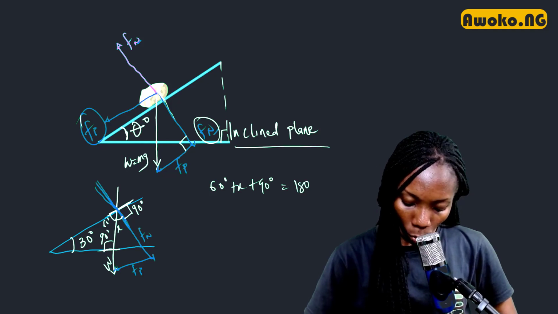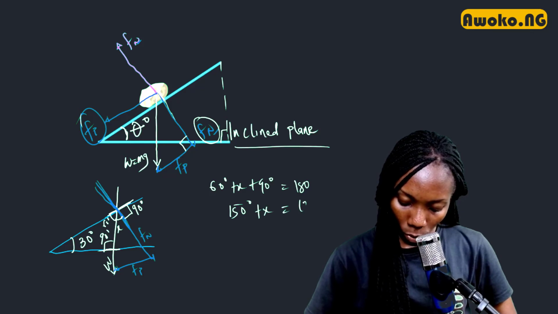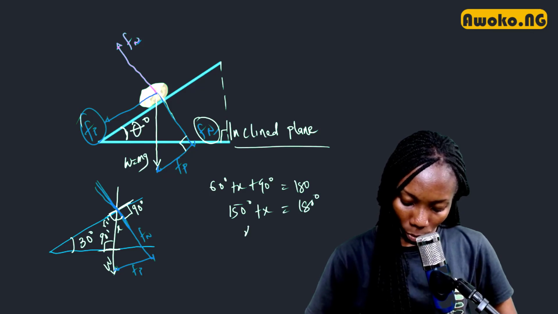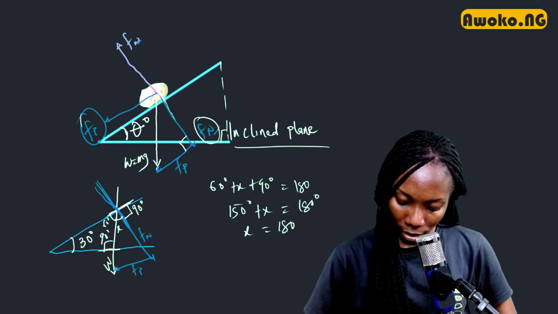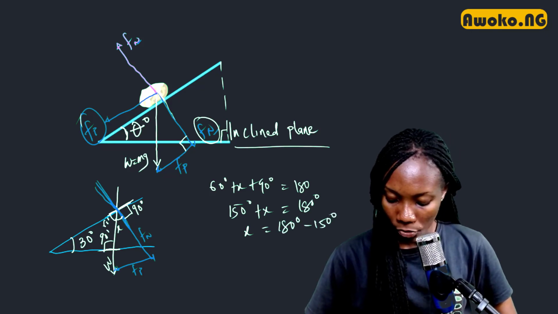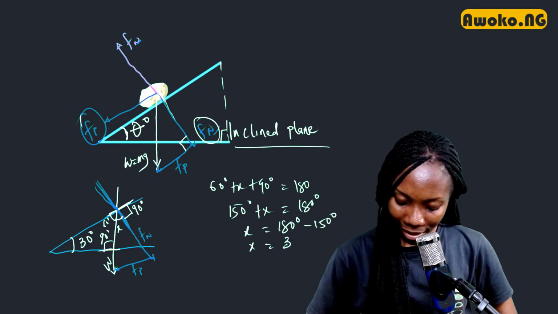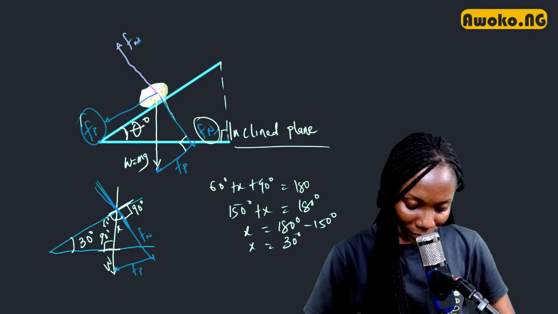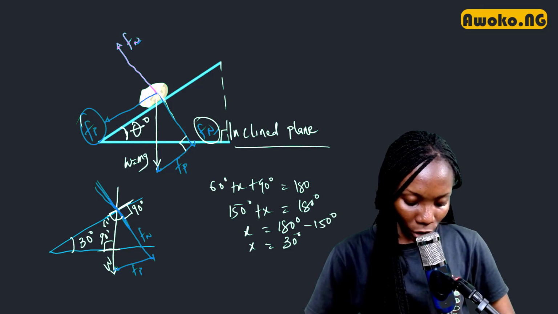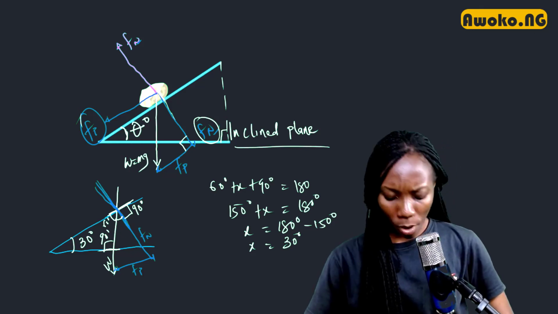So we have 150 degrees plus x equals 180 degrees. When we do this, x is 180 degrees minus 150 degrees, which gives us 30 degrees. So you can see that our x here is 30 degrees as well.